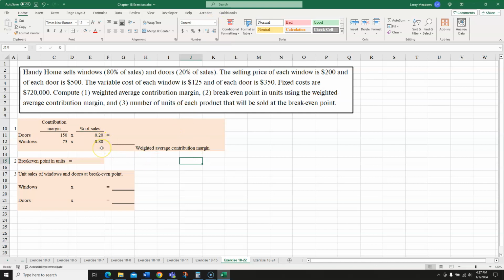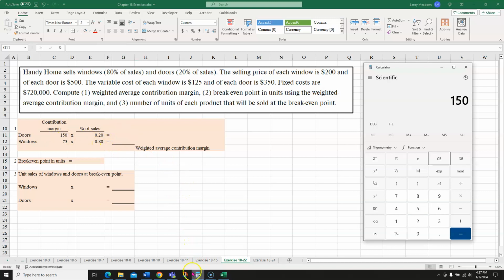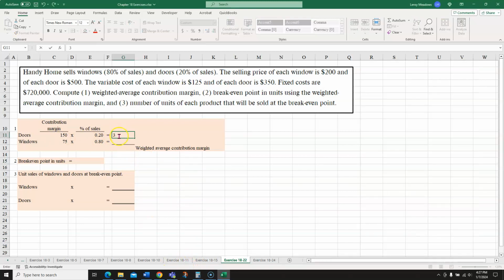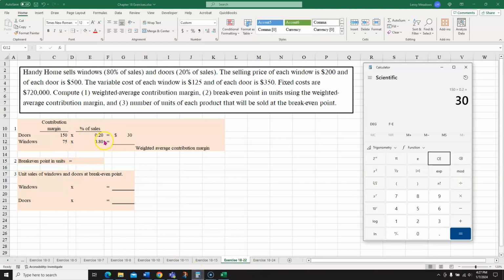So I take 150 times 0.20, and I'm going to get $30. Then we're going to do the same thing for windows: 75 times 0.80, and that is $60.